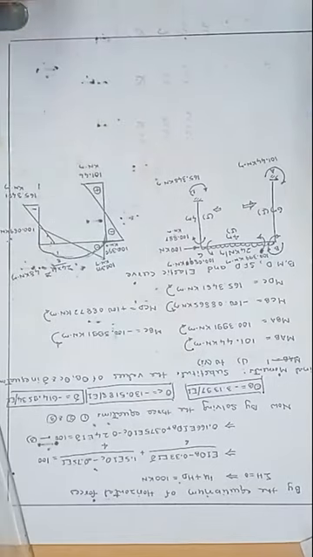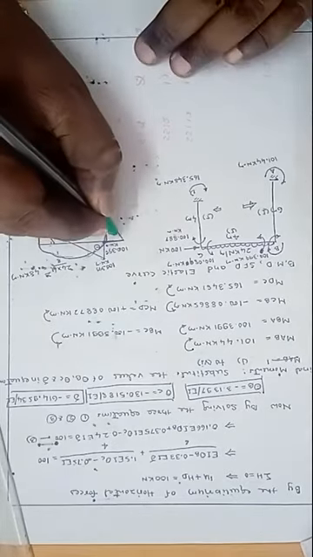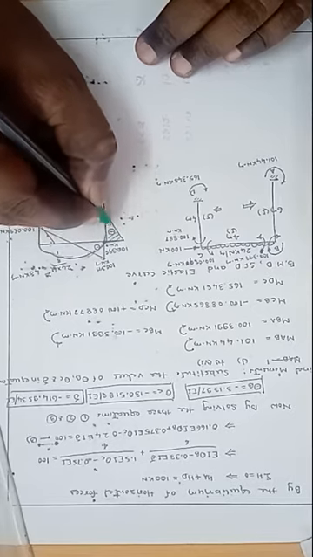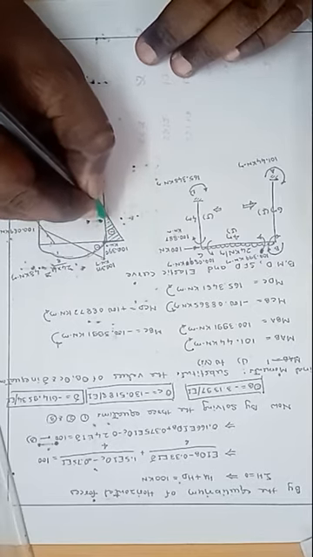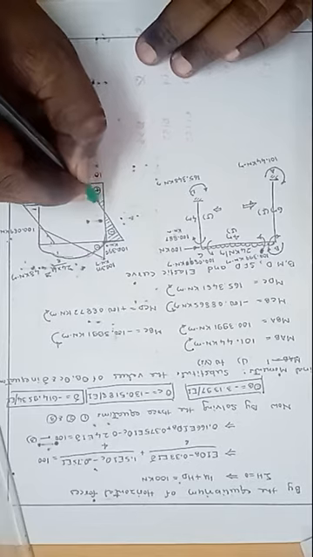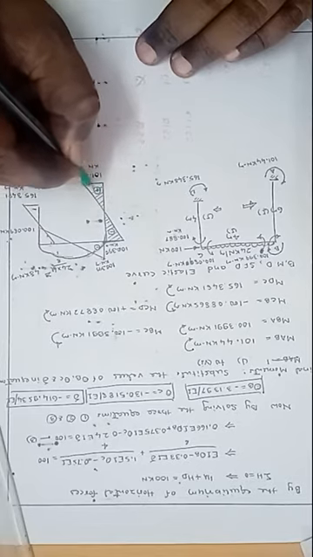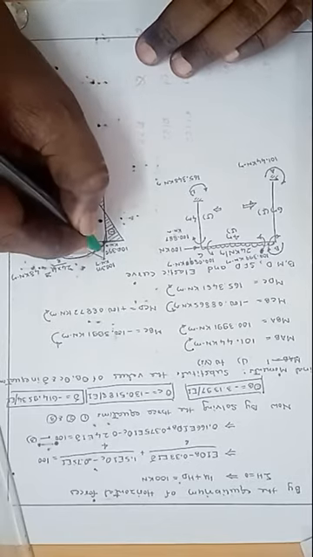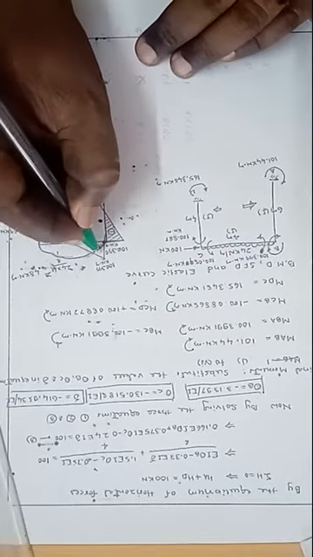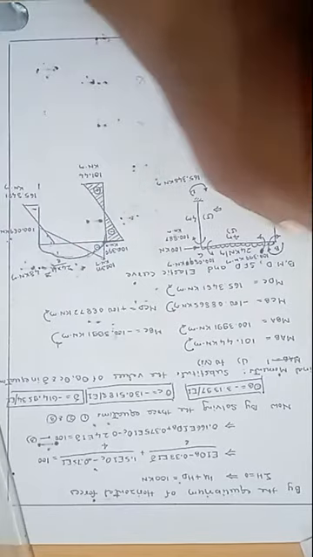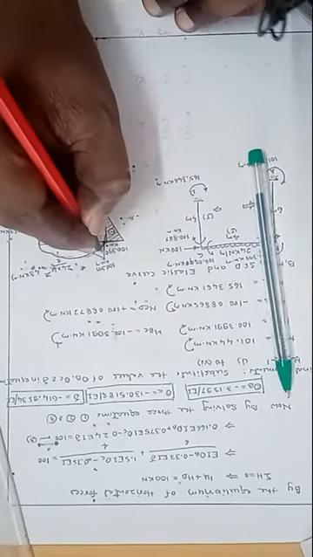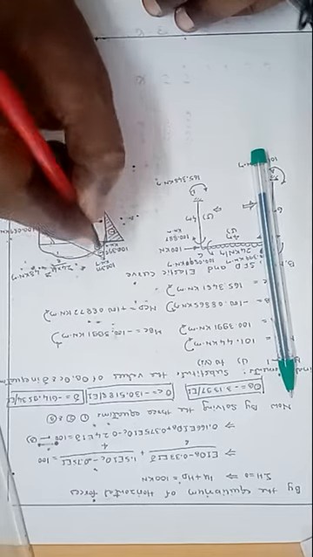Here is the net bending moment diagram. This one is the negative bending moment diagram, and this one is the positive bending moment diagram. This portion is negative bending moment.